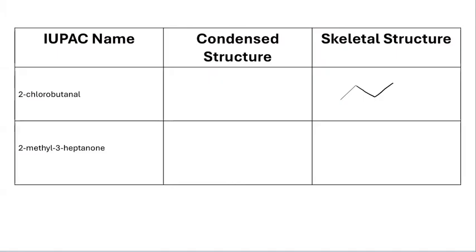I prefer to do left to right just because that's how we read in English. So if carbon number 1 is double bonded to oxygen, single bonded to hydrogen, that is carbon number 1 in that butanal. And I can verify that I did it correctly because I have 1, 2, 3, 4 carbon atoms. Next, if this is carbon number 1, then this is carbon number 2. And I'm going to write a chlorine.